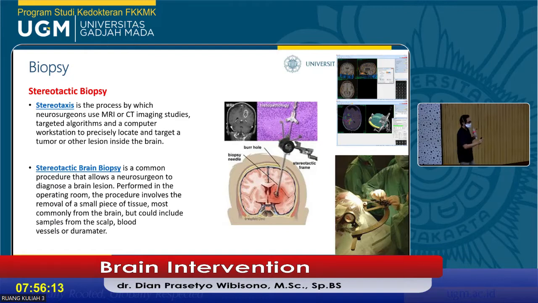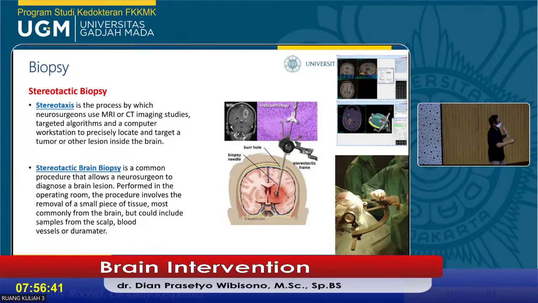We can achieve the target coordinate by using this frame. This is a stereotactic frame, which is connected with the software. So it also already has an algorithm that connects the software and the hardware.